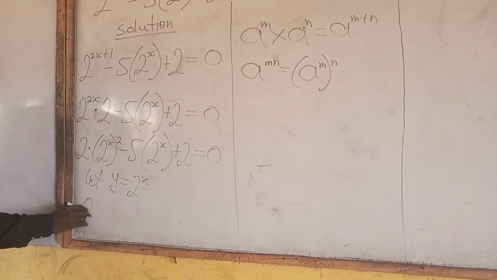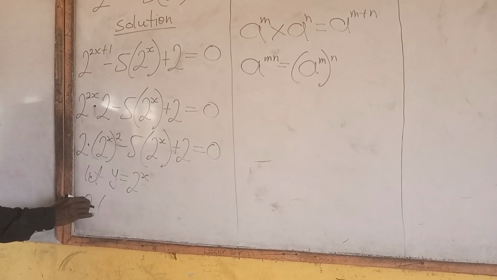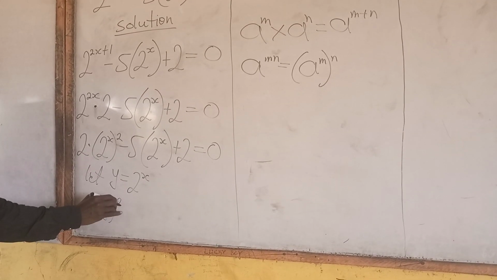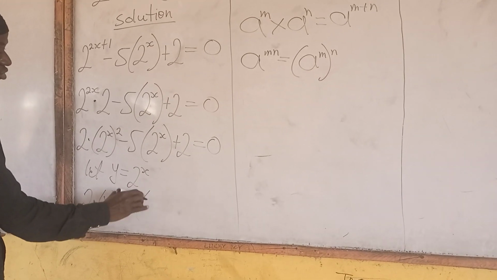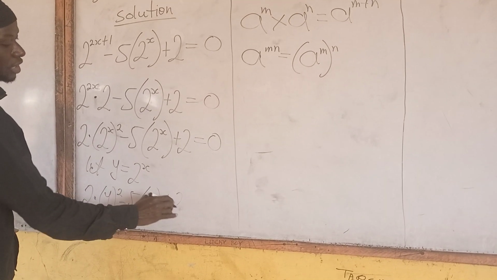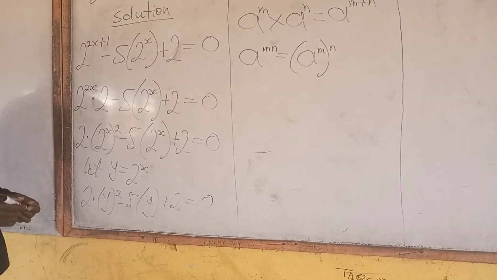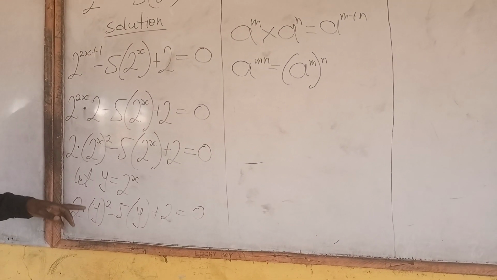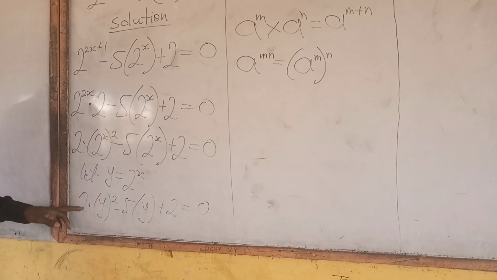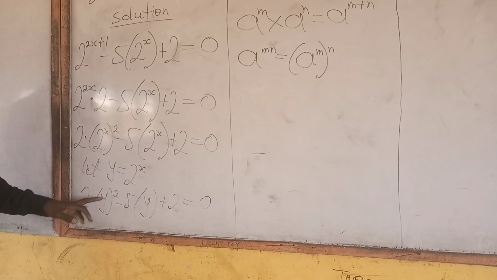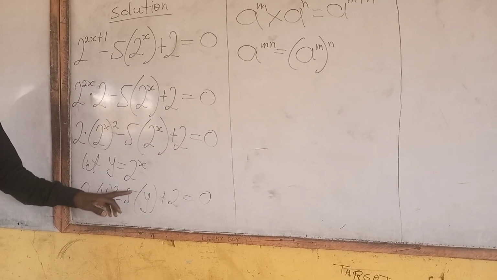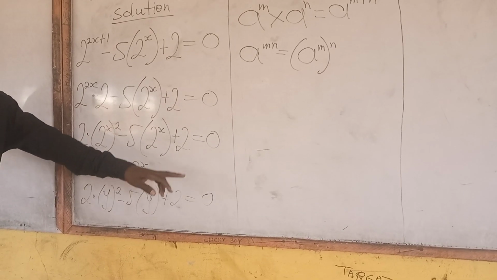So we are going to have 2 times bracket open y all to the power 2 minus 5 bracket open y plus 2 is equal to 0. If you substitute y in place of 2 to the power x, you are left with 2 times y to the power 2 minus 5 times y plus 2 is equal to 0.